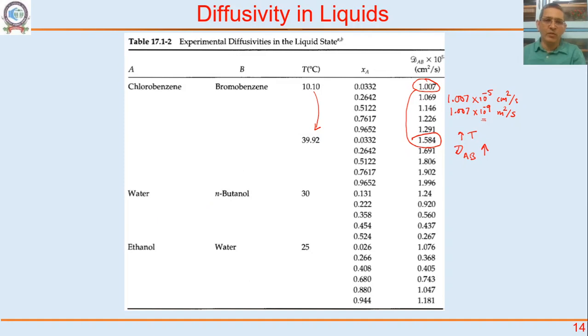Okay. And here also you can see that of course the data is not enough, but you can see that as the molecular size reduces, diffusivity becomes faster. So that's similar to what we observe in case of gases. Okay, let's go forward.